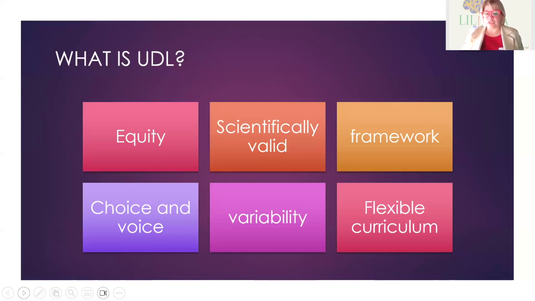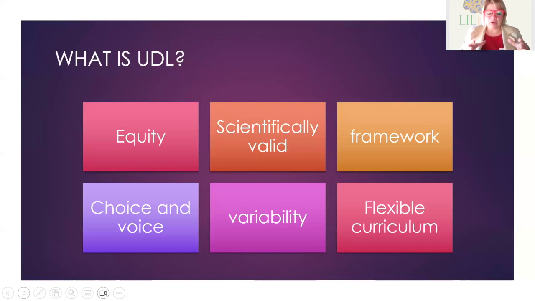So it's very important. It takes into account equity. It gives students voice and choice, and it talks about a flexible curriculum. But also what is important is that they consider learners' variability.